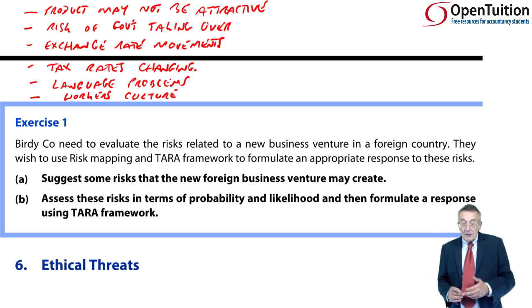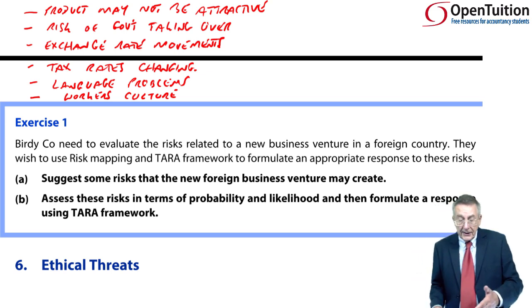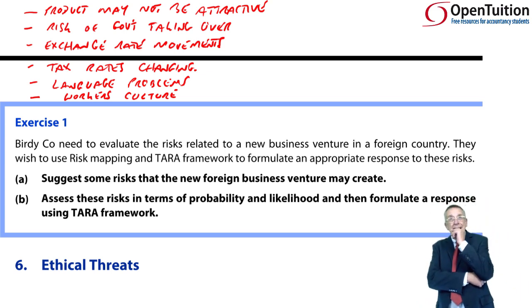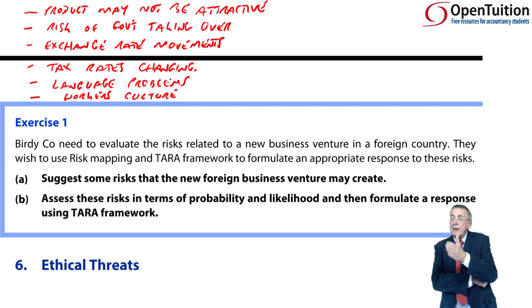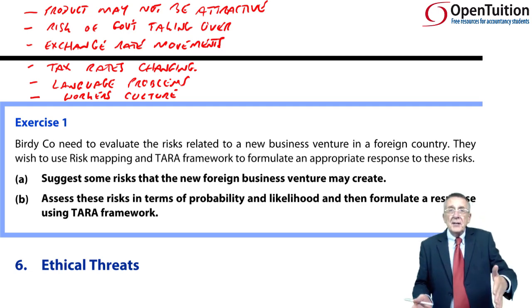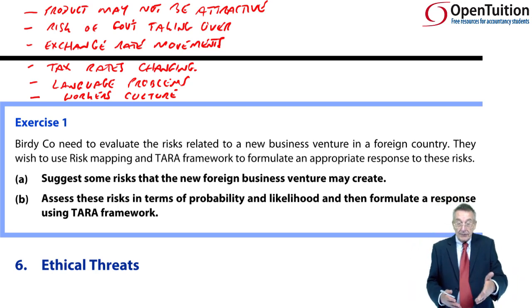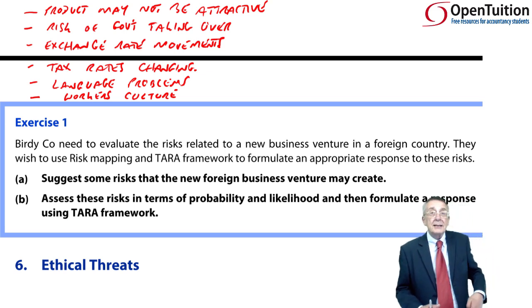And how are we going to respond? Now, there's no rule here, obviously, it has to be discussed. But the product may not be attractive to customers. Well, we have to assess how likely a risk that was. And do we sell the same product? I've assumed a product, it says business venture, so it might not be, but let's assume it's producing a new product.